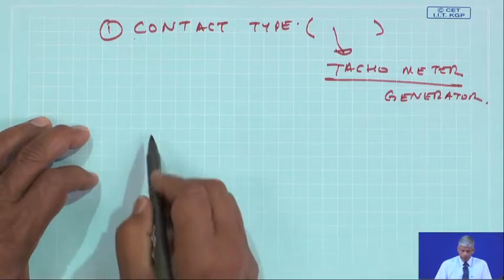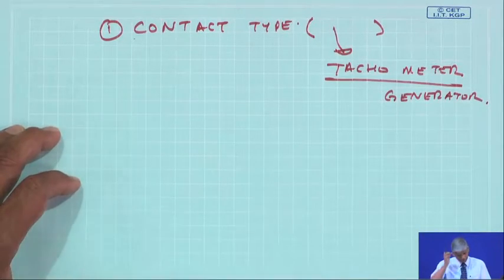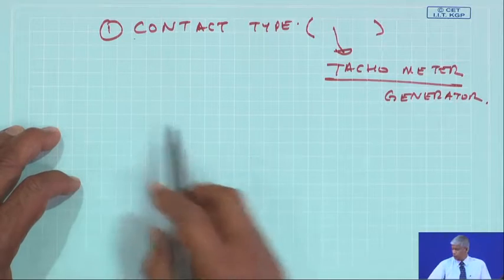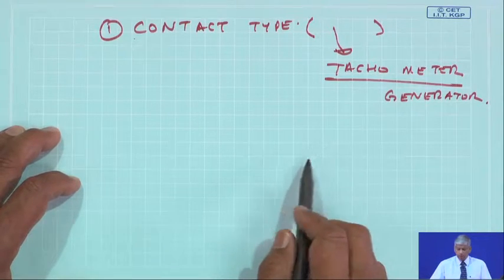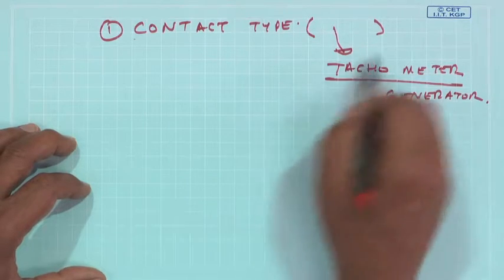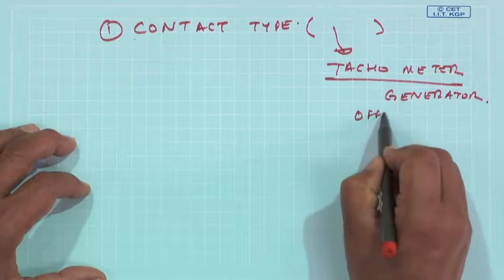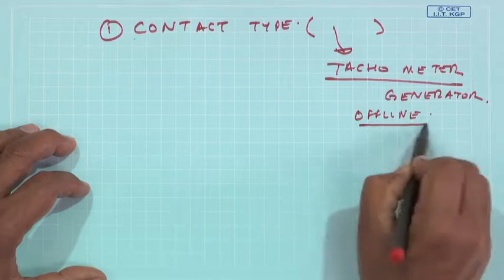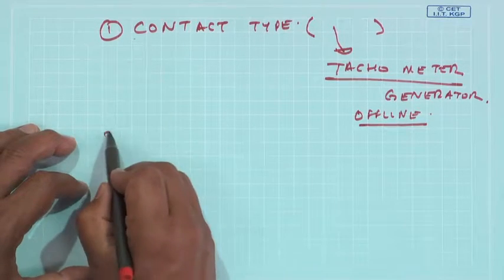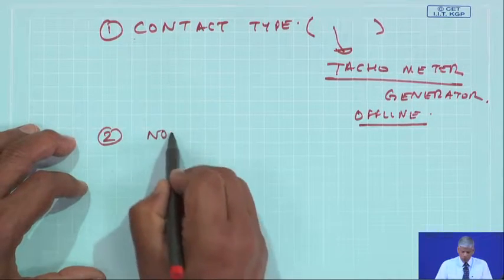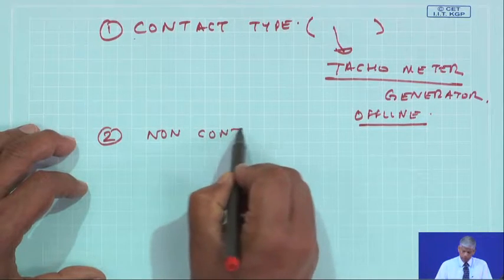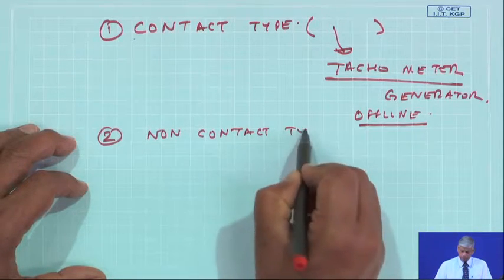For example, I have a very large turbine. I could put the reluctance type pickup, but sometimes momentarily, offline, one wants to measure the speed of a motor, an electrical motor. The technician usually puts a tachometer, where it is just an offline one time measurement, but it is mostly this non-contact type speed measurement.